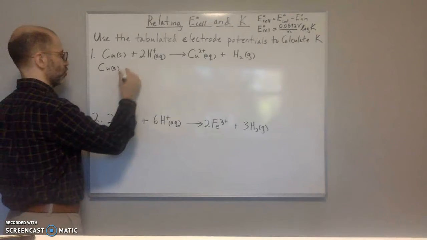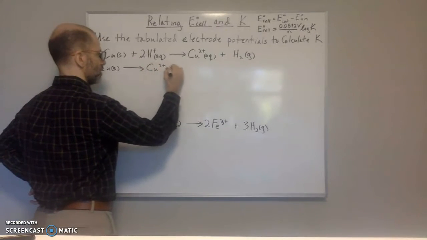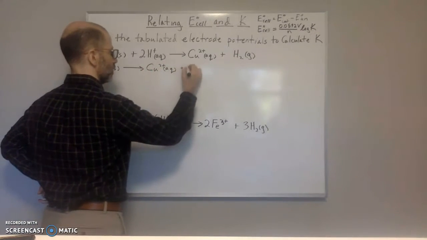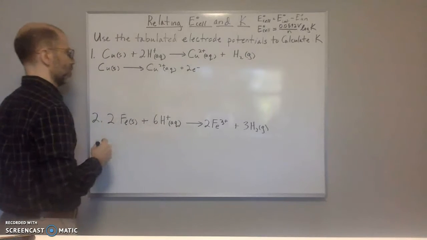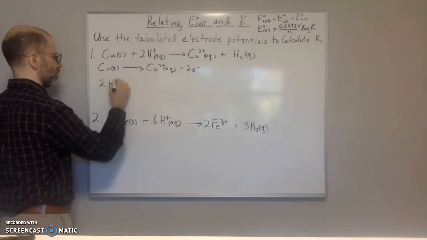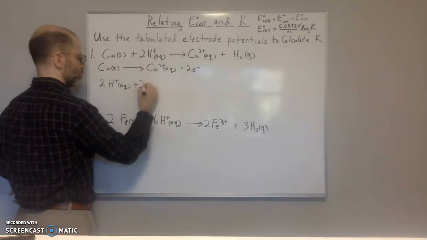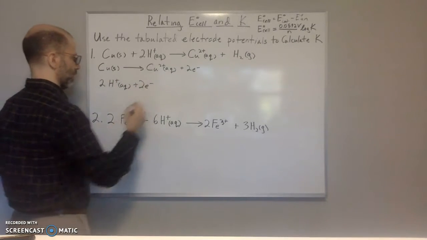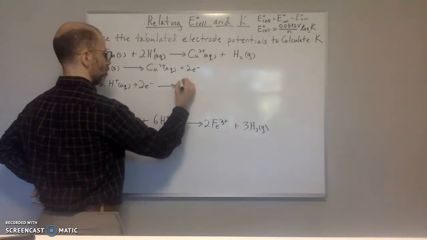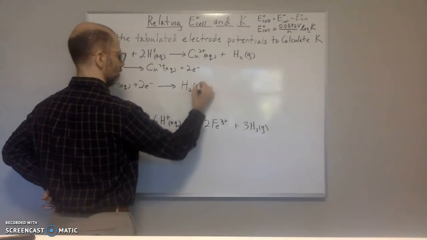is going to lose 2 electrons, so that's going to go to Cu2 plus aqueous plus 2 electrons. And then we have our hydrogen, that's going to be 2H plus aqueous plus 2 electrons, and that's going to go to H2 gas.